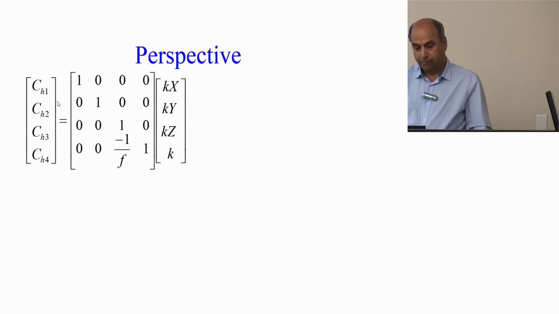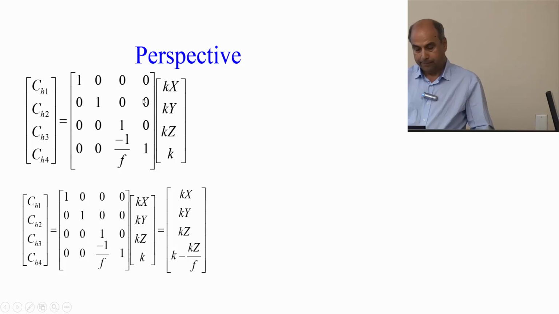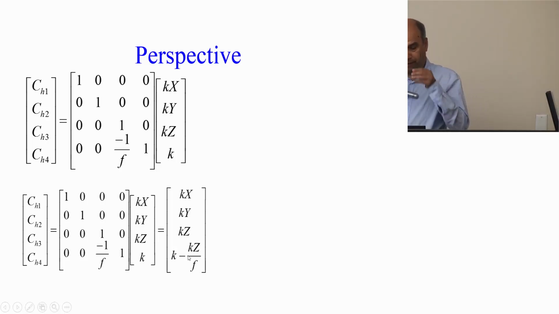Then we can multiply this with the first row, we'll get kx here, second row we'll get ky, kz, and this last one we will get 0, 0 and minus kz upon f plus k, which I've written the other way, k minus kz upon f. So this is the perspective matrix.